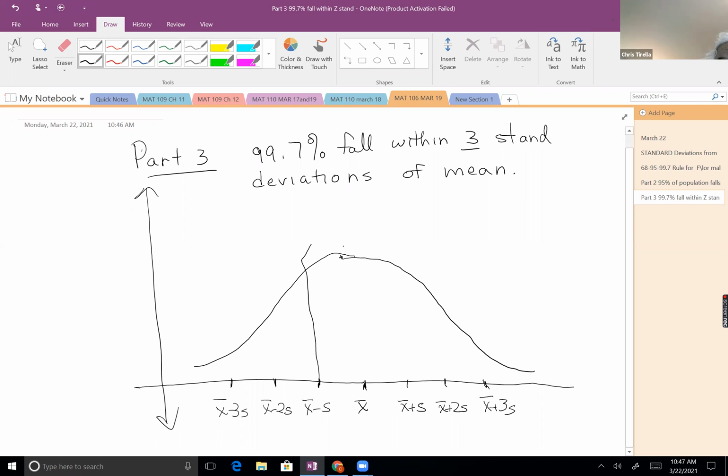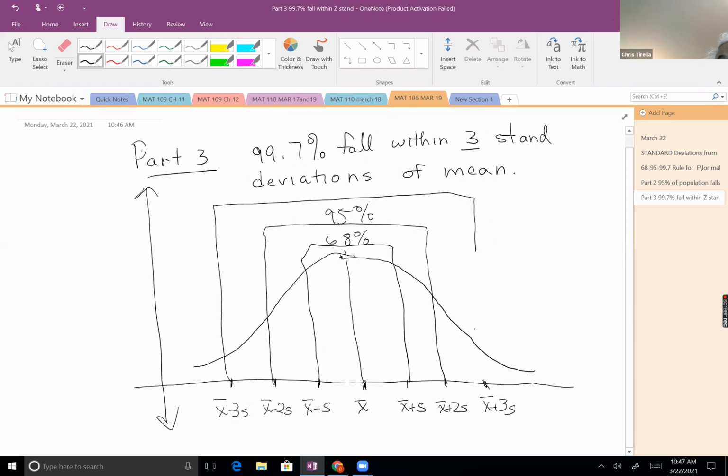We said this 1 standard deviation box will be 68% of the population. We said this 2 standard deviation box is 95% of the population. And this 3 standard deviation box is 99.7%.